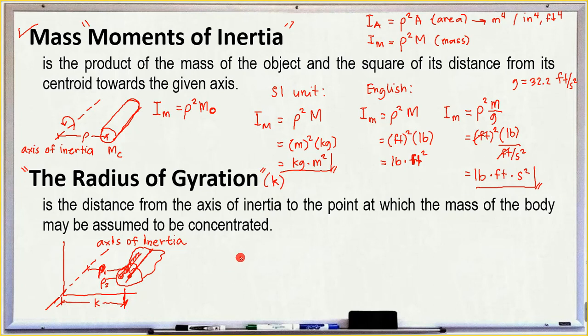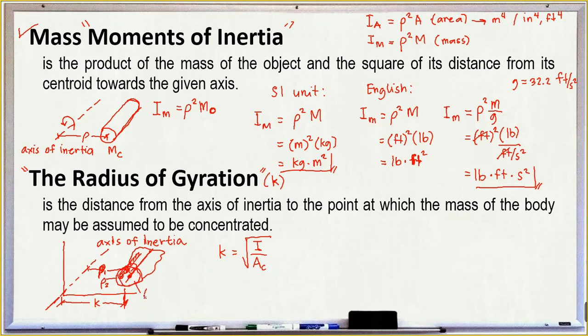And again, the same as in our previous discussion, the formula for the radius of gyration is k equals the square root of I over the area. The area here is the cross-sectional area of this complex body.